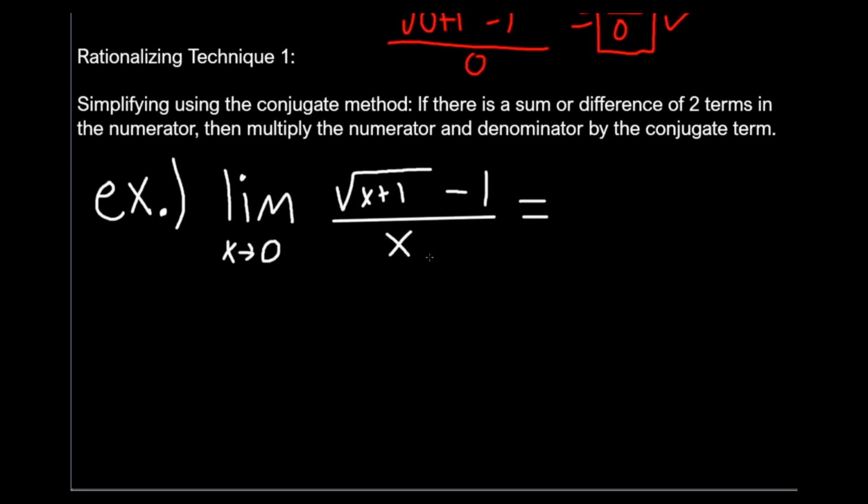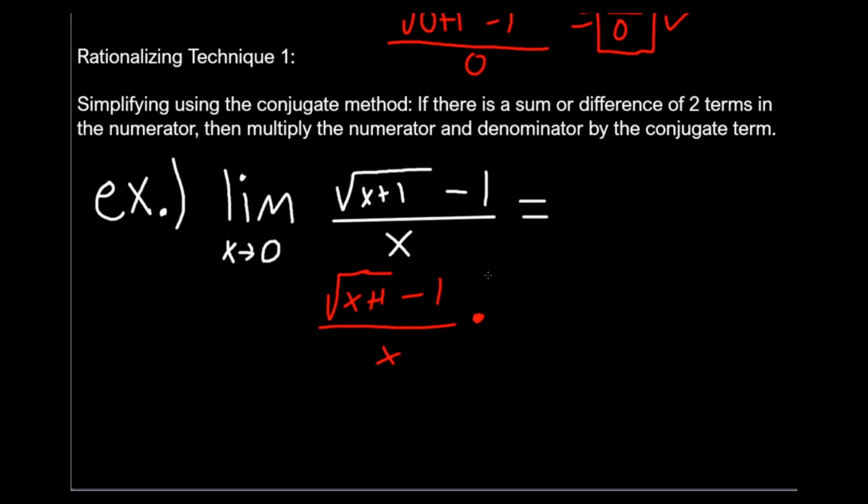We're going to take this equation and multiply it by the conjugate. Let me rewrite it because that equal sign is in the way.